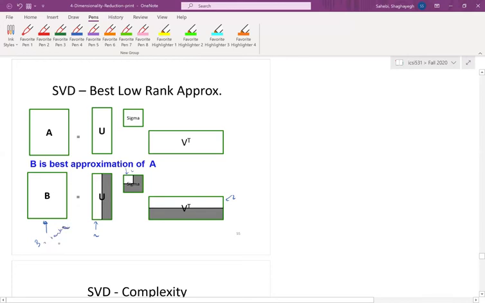And this B is better than any other rank 2 matrix in terms of closeness to A.